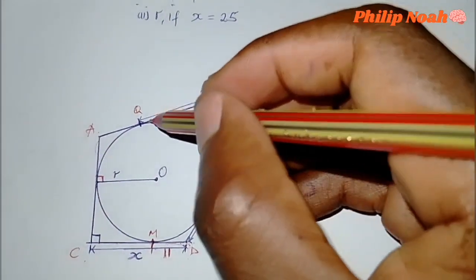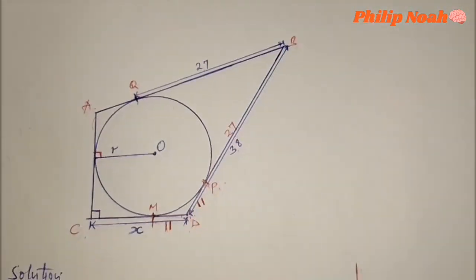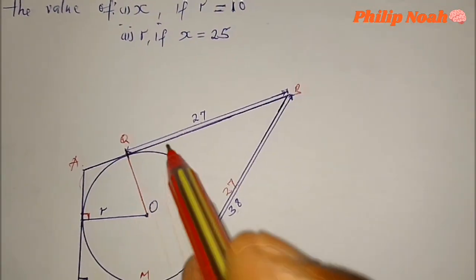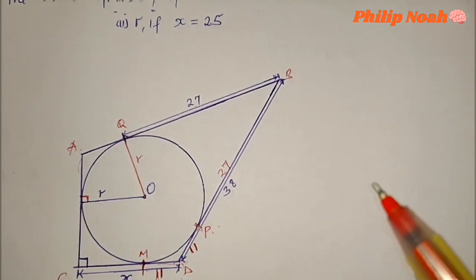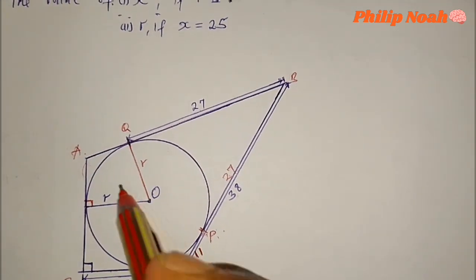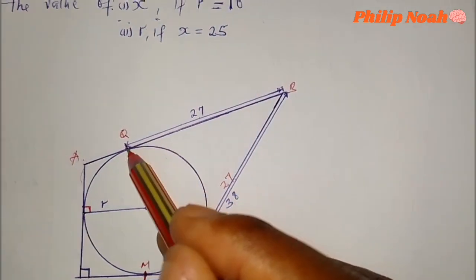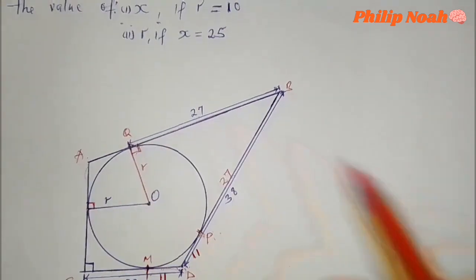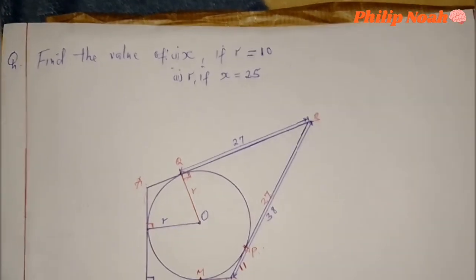The same case, if we draw a radius here, this is also a radius, meaning that this radius meets line QB at 90 degrees. Let's start by solving Roman 1.